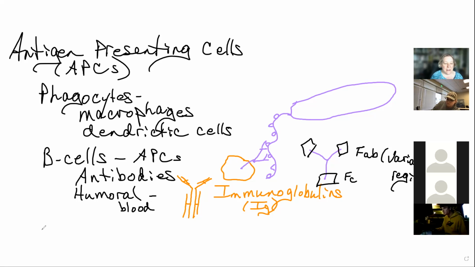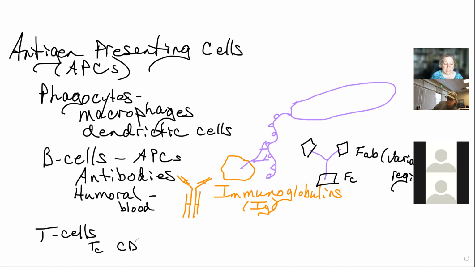Now T cells come in two basic kinds that we're going to be talking about in this class. And those are cytotoxic T cells. We abbreviate those as TCs. We also call them CD8s. This is cell differentiation markers.